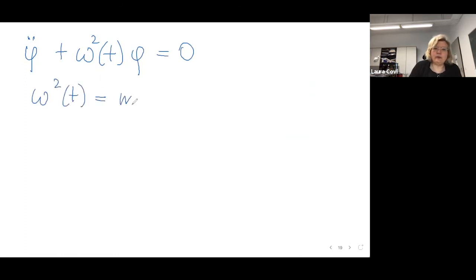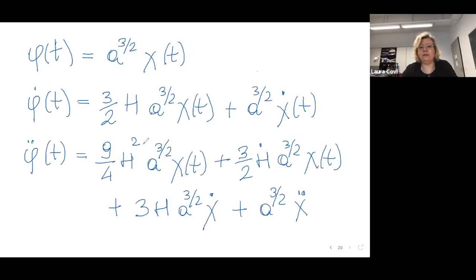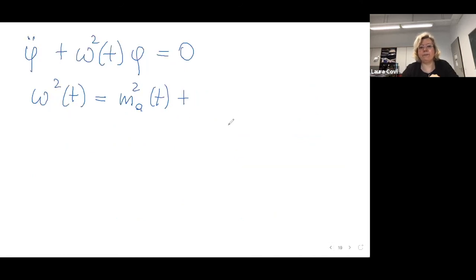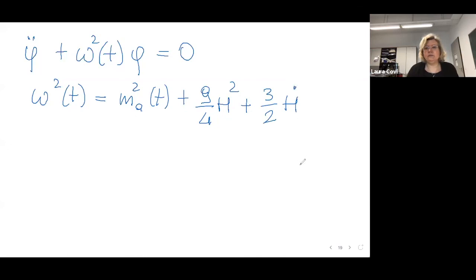So you have, of course, the mass term, but you have also the Hubble term, which I wrote before, this one, 9/4 H squared, and you have also the term with the H dot. Sorry, here I should use chi and not phi anymore, of course.